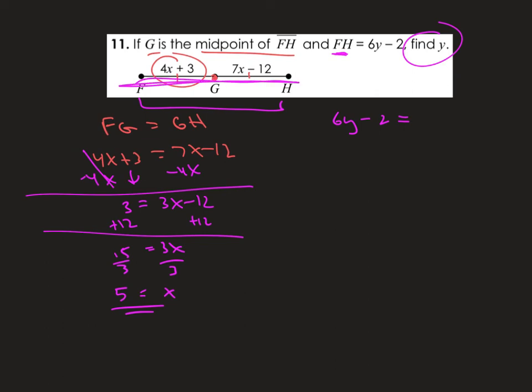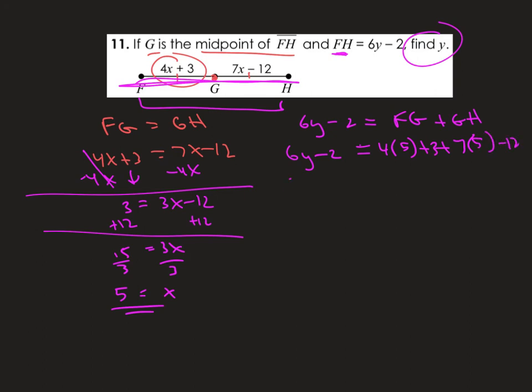Well, I know that entire length is FG plus GH, which happens to be 6y minus 2. FG is 4x plus 3, but I know what x is. It's 4 times 5 plus 3. I add that to 7x minus 12, which is 7 times 5 minus 12.